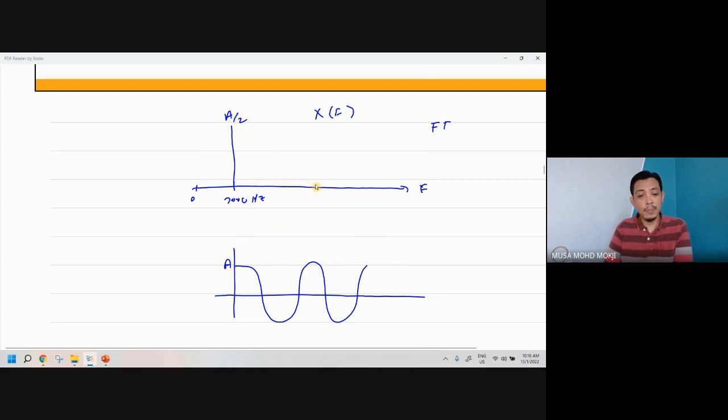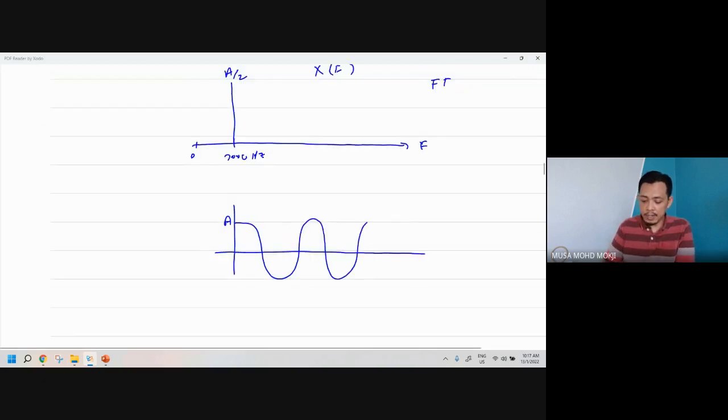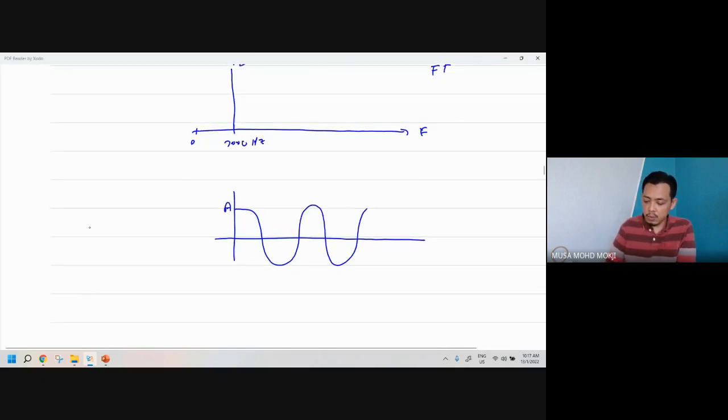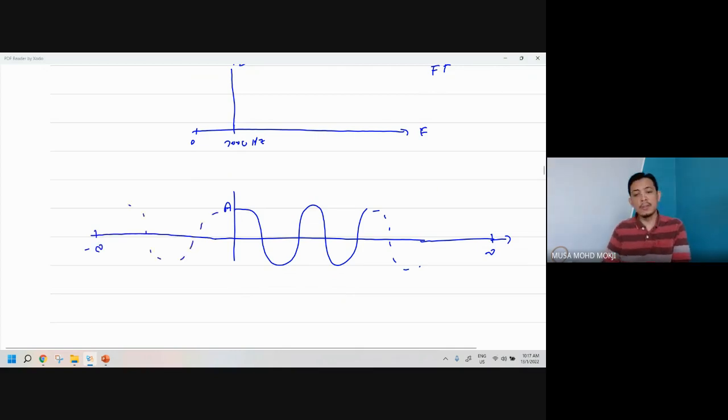So if you still remember, if you do a Fourier transform on a continuous time signal, if this is ideal, it will continue from minus infinity to infinity. This is what we call A cos omega t.